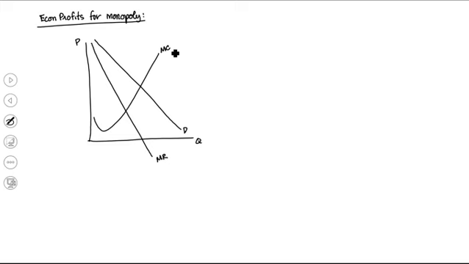Now I'm going to add in average total cost. So remember, we have to draw average total cost correctly. Remember, average costs are intersected from below by marginal cost. So we need to draw it the right way. I'm going to draw it like this. Make sure that the minimum is being cut through by the marginal cost curve.